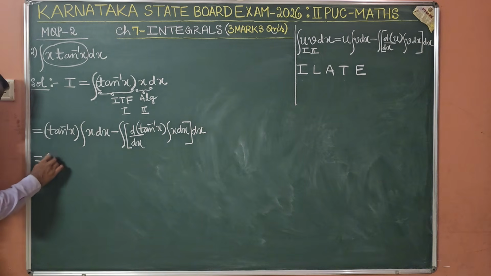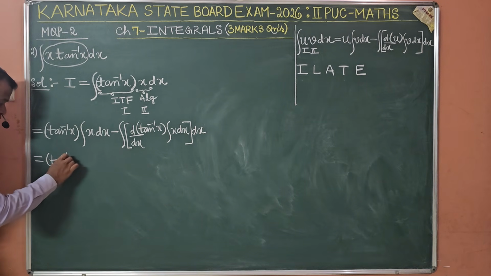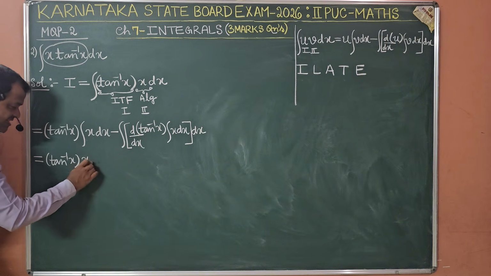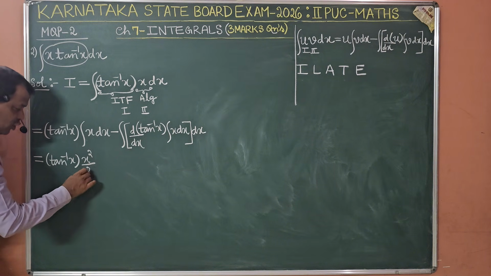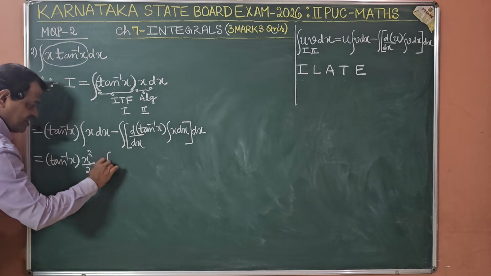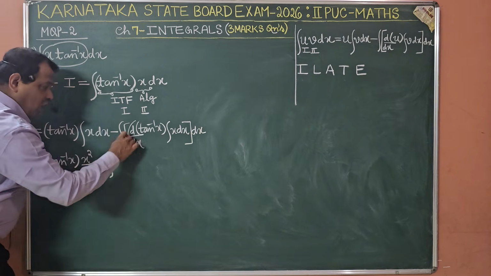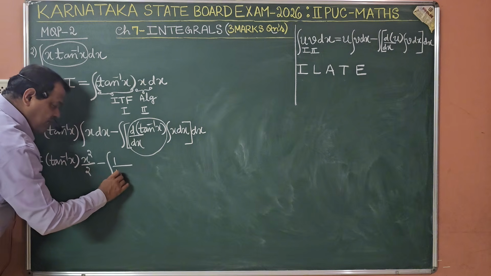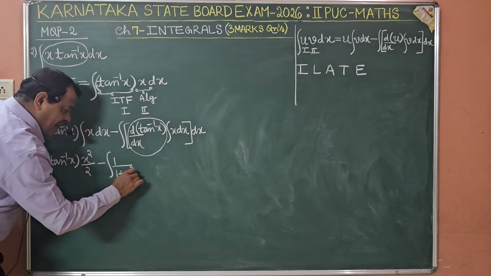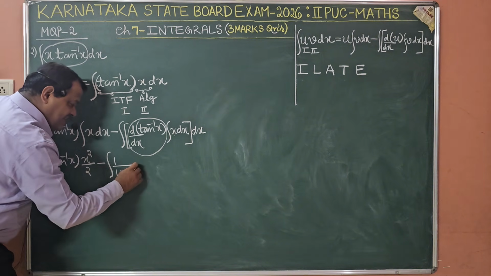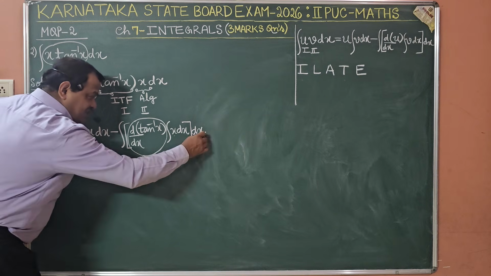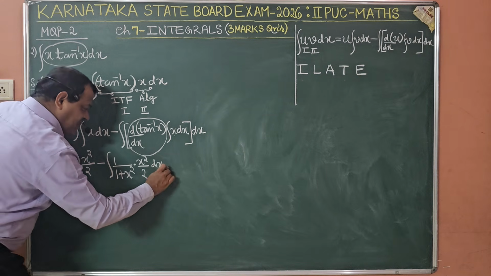Therefore, this is tan inverse x into the integration of x power 1 dx, which is x power 2 by 2, x square by 2, minus, within the integration symbol, the differentiation of tan inverse x from memory, 1 by 1 plus x square, into the integration of x dx, x square by 2, into dx over here.